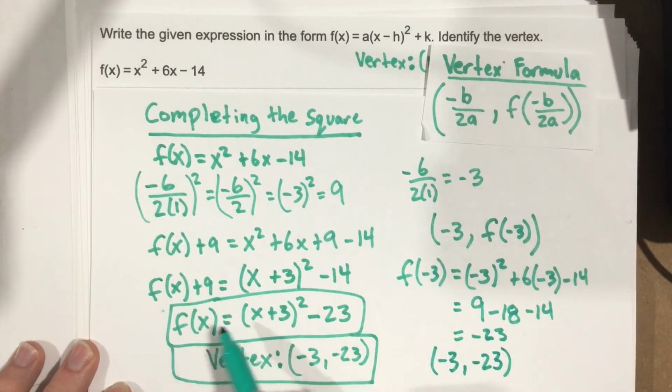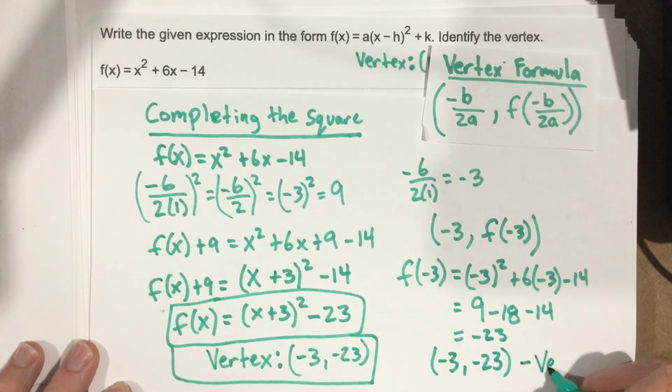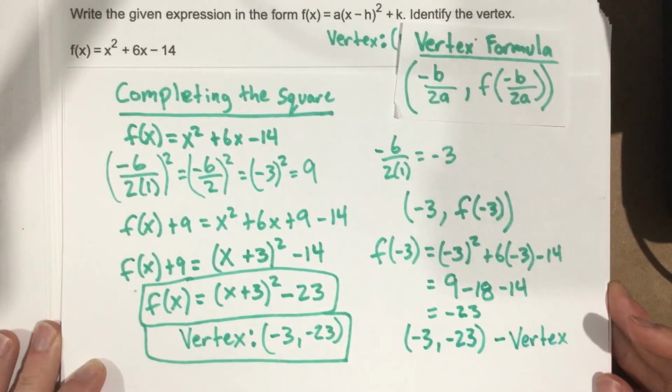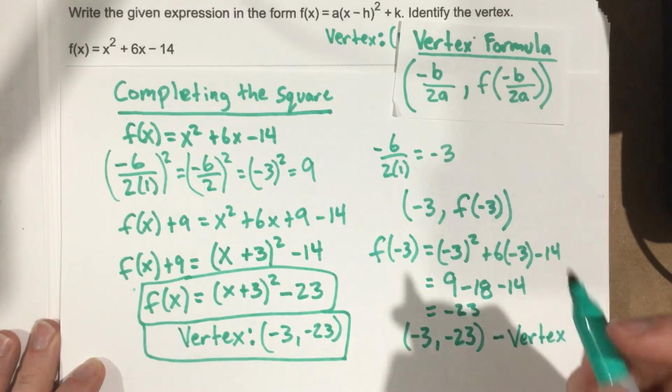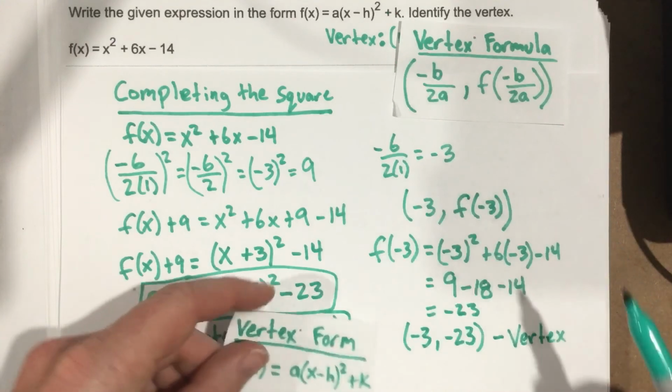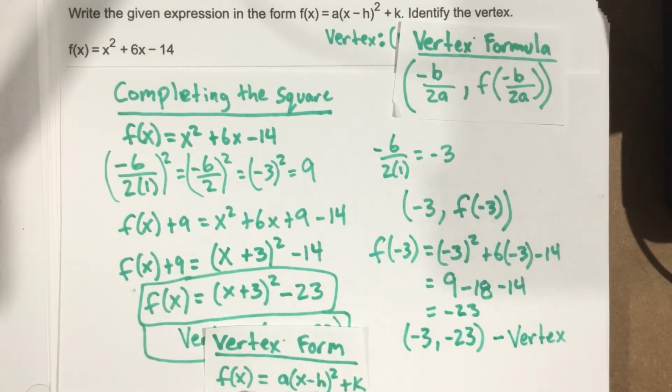So if you see here in this part, we found the formula first, then we wrote the vertex. Here we have the vertex, and now we're going to find the formula. To find this formula, we take the form, which they already have written on the top, but if you didn't have it written there, it's a times (x minus h) squared plus k.